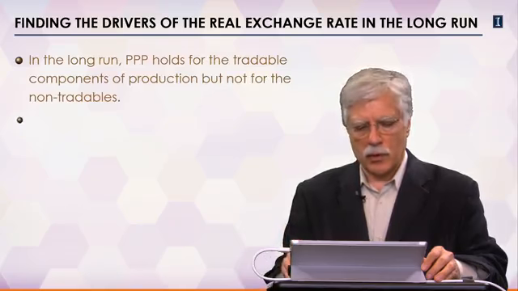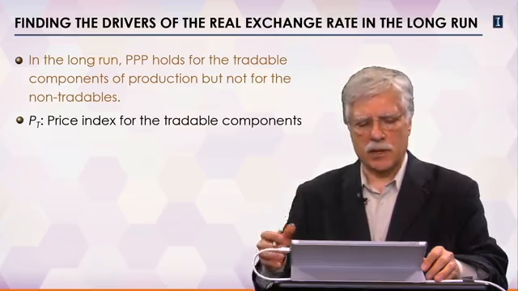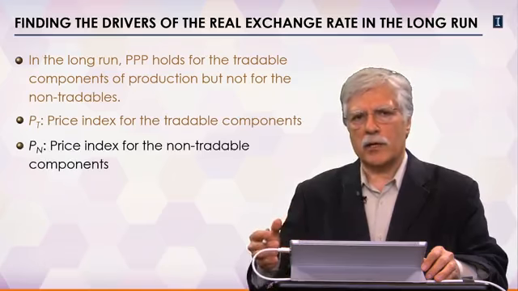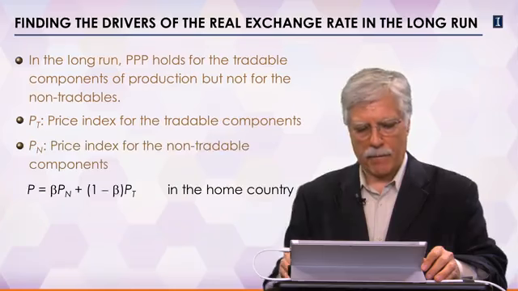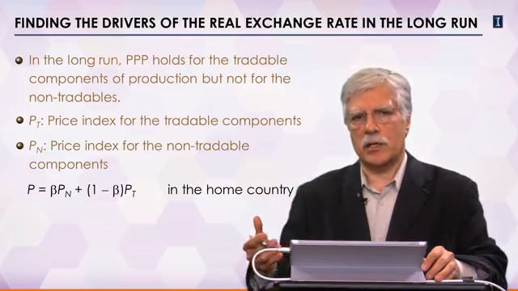So we're going to index the prices of all tradable components of the products that we buy by PT and create another index for the non-tradable parts of the products that we buy as PN. The price of the basket of goods that we buy is a combination of these two price indices.